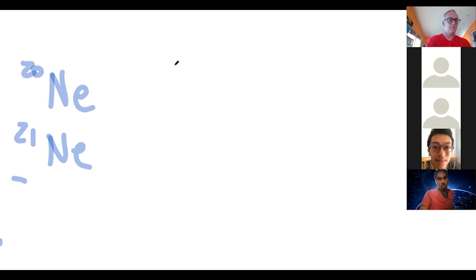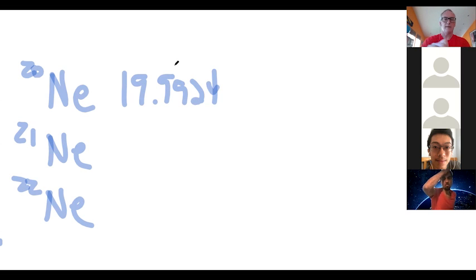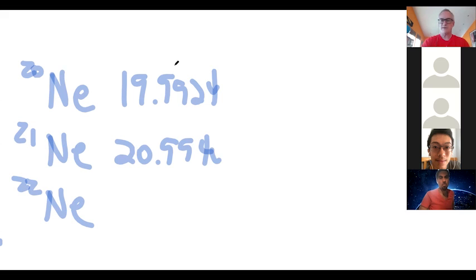So if we look at the three different atoms of neon, neon 20, 21, and 22, the mass of neon 20 is 19.9924. The mass of neon 21 is 20.9940. And the mass of neon 22 is 21.9914.